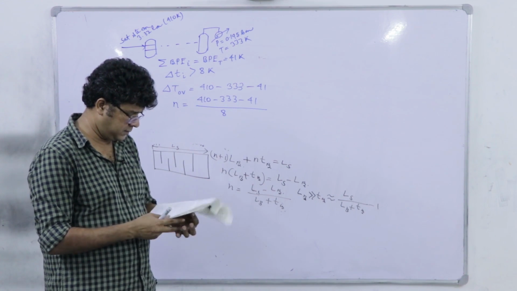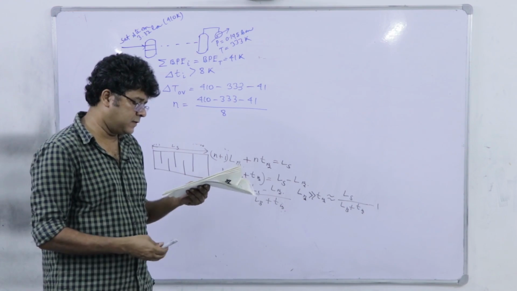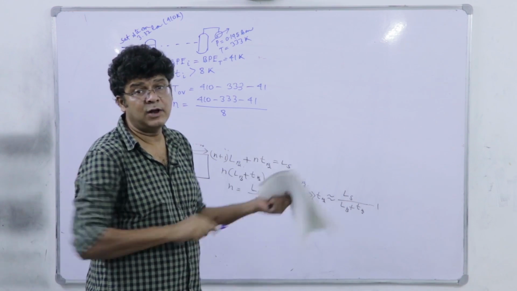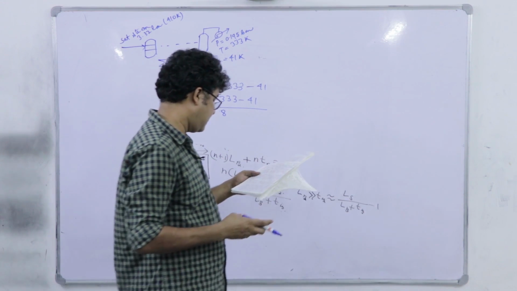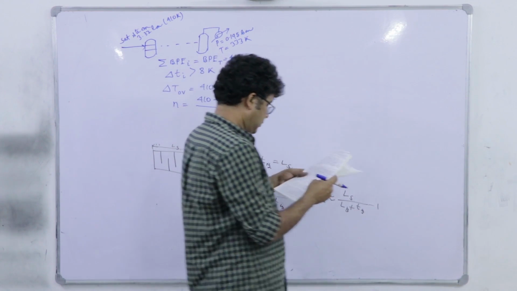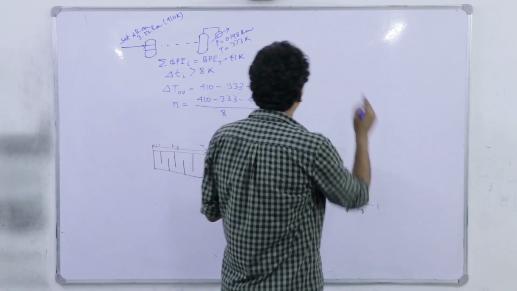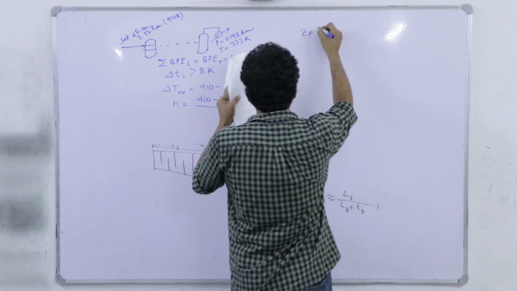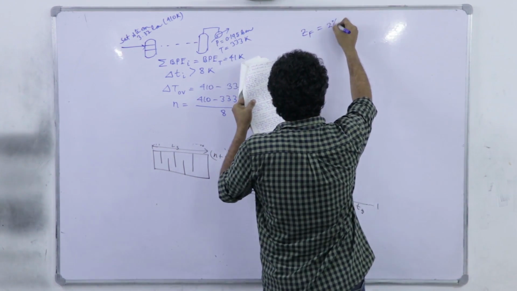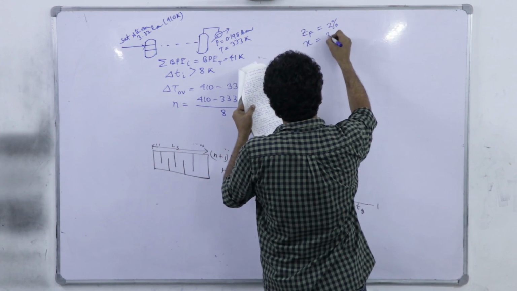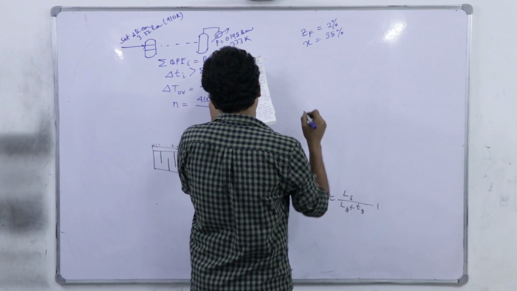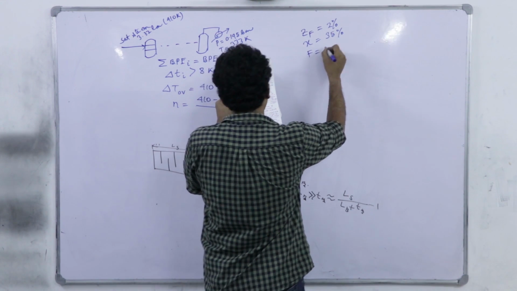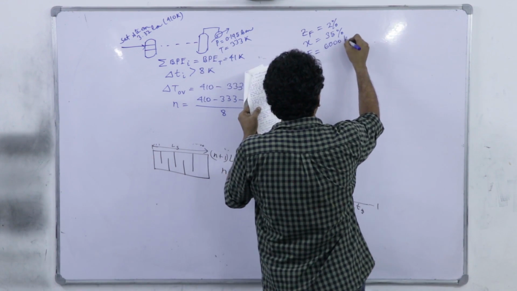Another question. An aqueous solution of high molecular weight. High molecular weight means what? What is the implication? Boiling point elevation is negligible. High molecular weight solute is concentrated from ZF equal to 2% to X equal to 35% by weight, at a feed flow rate of 6000 kg per hour.